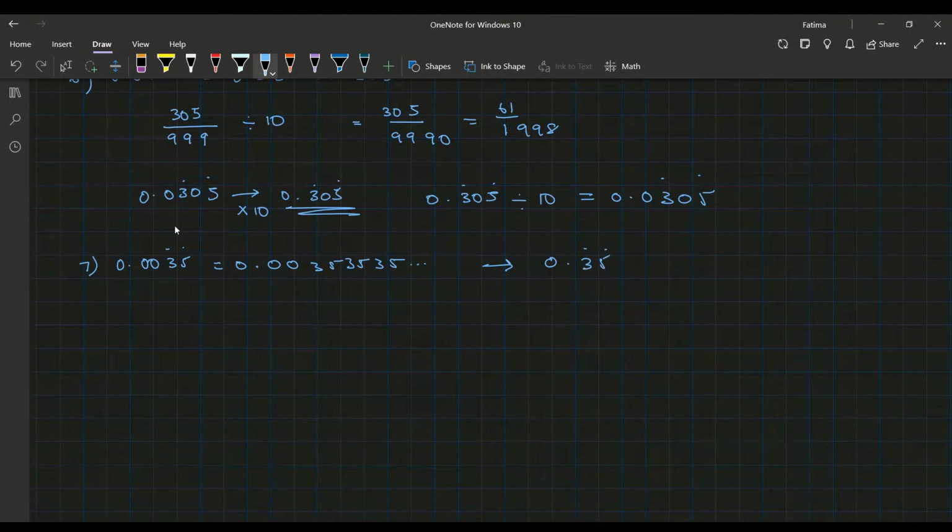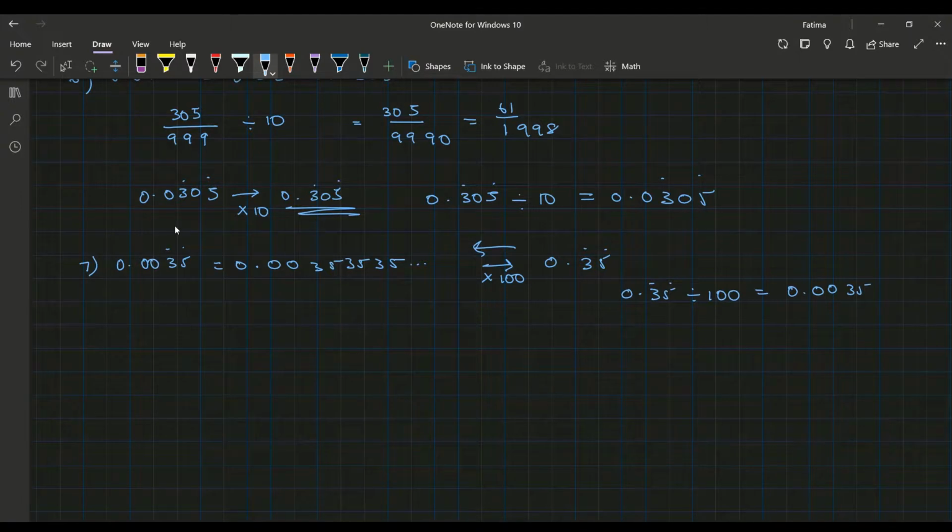And the way I would do that is if I multiply this by 100. So if I wanted 0.35 to equate to 0.0035, I would have to divide it by 100 to give me 0.0035, because I'm doing the opposite in this case.